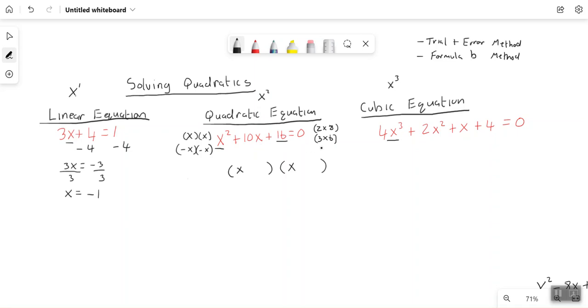So let's say 16. You're going to have 4 by 4, and then you'll have 16. So for example, I'll just put this up here. So 16 multiplied by 1. Okay, so there are some of the factor pairs for this part here.